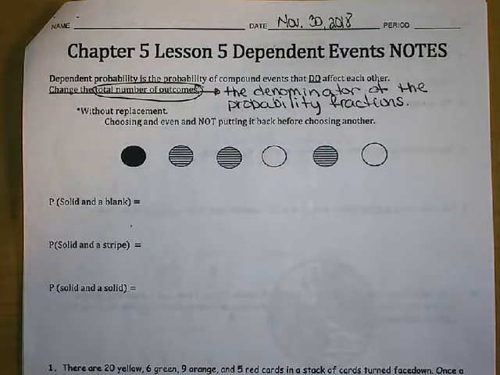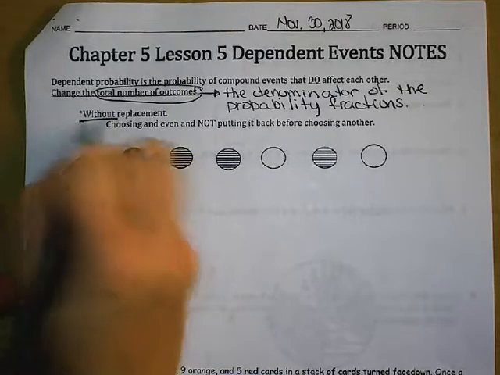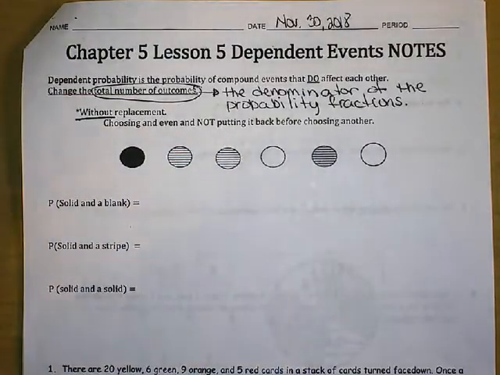Those two probability fractions would remain the same. So yesterday you saw a lot of with replacement. Today we have without replacement, meaning when you take an item in a probability event, you keep it, and it changes the total number of outcomes or items that you currently have.